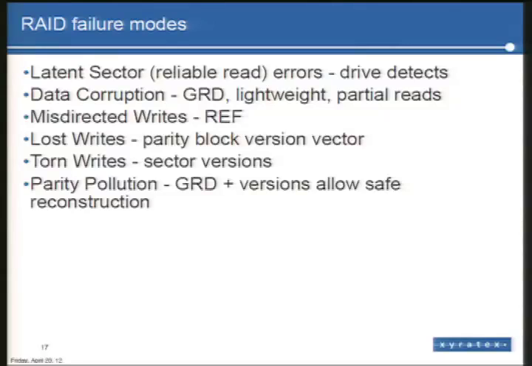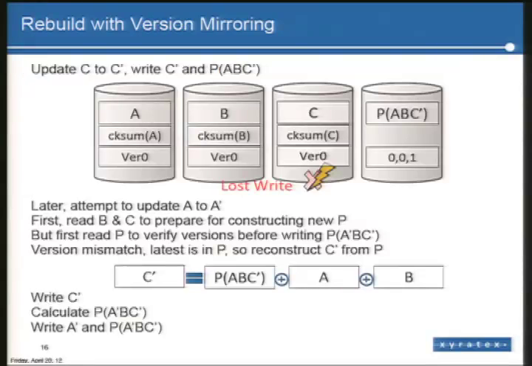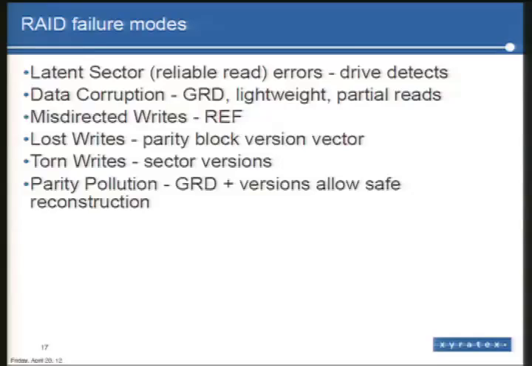For torn writes, when a sub block is lost, say for instance just one sector out of one of these blocks, since the version information is encoded in each sector, as a block is read, each sector is verified against the next sector in the block, and if any of them have a lower version, we've determined that we're missing the data there, and we can reconstruct the torn write that way.